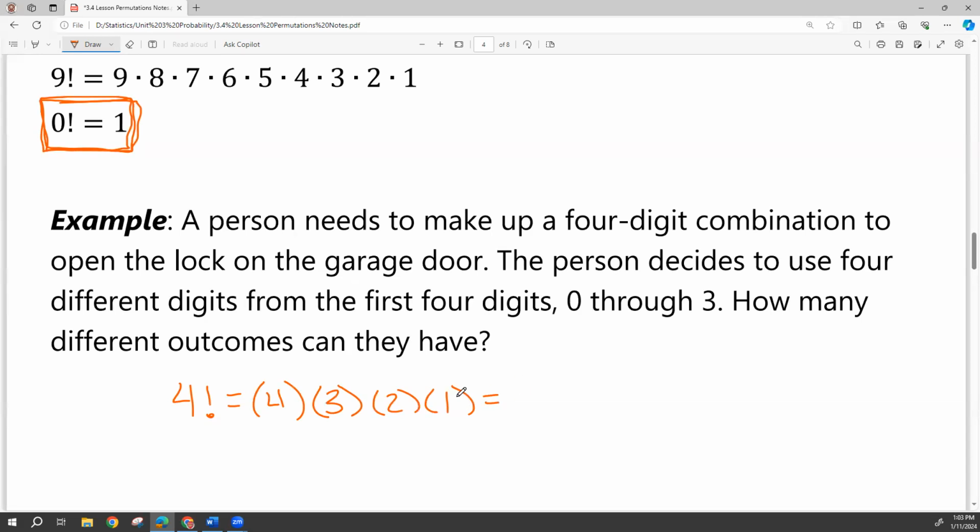So the last number is whatever's left over, and so there are 24 possible 4-digit codes for this garage door. So if you wanted to break in to this garage, you could just type in 24 possibilities. Eventually you would get one.